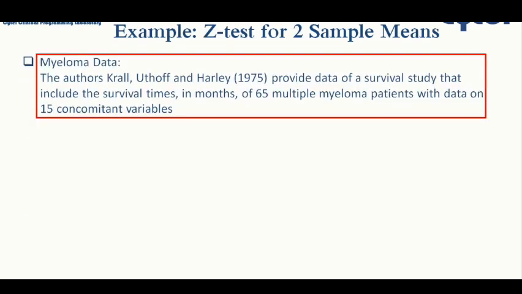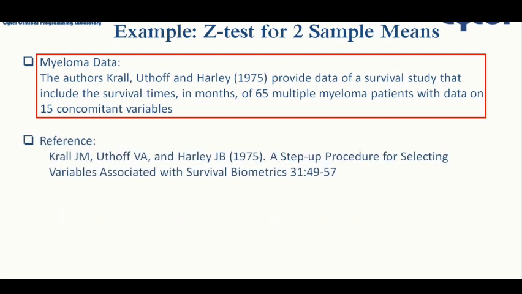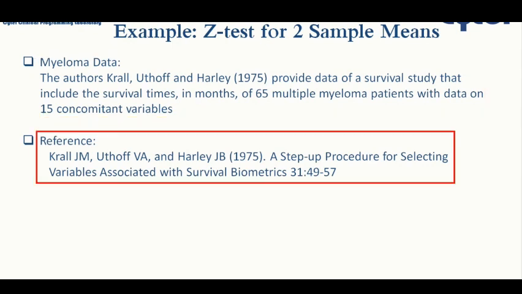This is data which I had considered earlier also. Data of a survival study that includes the survival times in months of 65 multiple myeloma patients with data on 15 concomitant variables. Here is the reference for that.